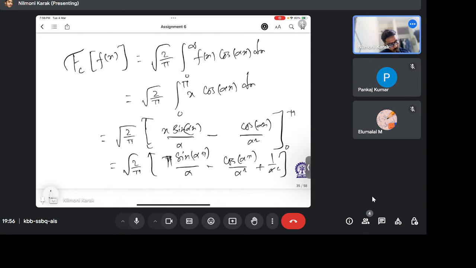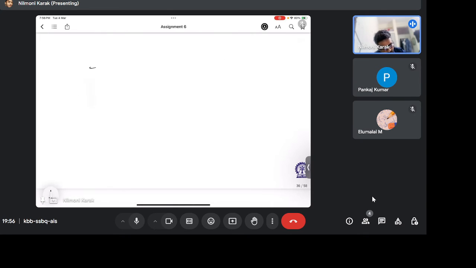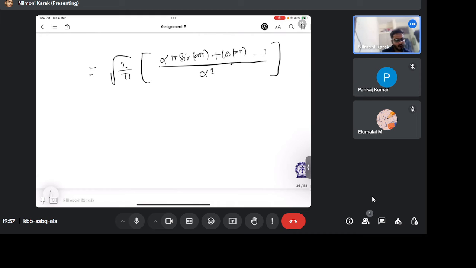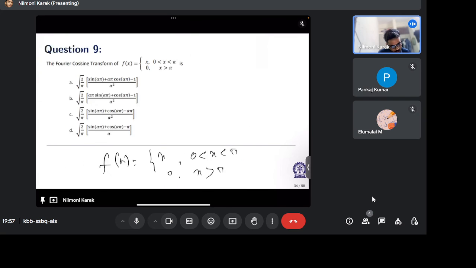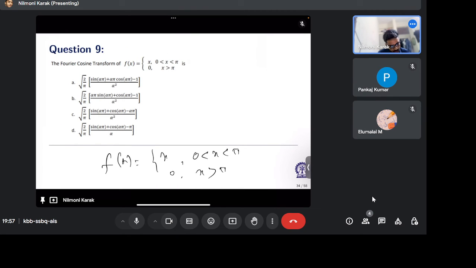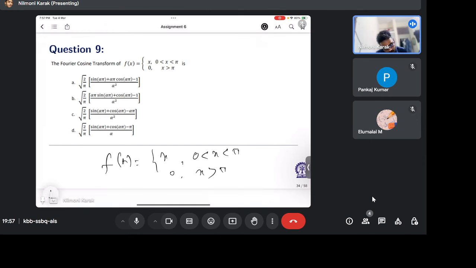Okay, so after simplification, root under 2 by pi, alpha square is common in the denominator, alpha pi sine alpha pi plus cos alpha pi minus 1. So that's why option B is correct.